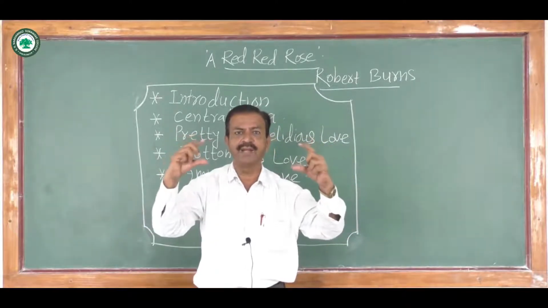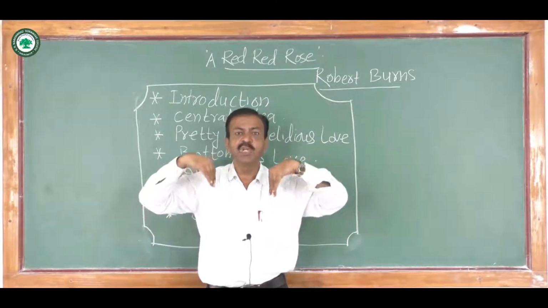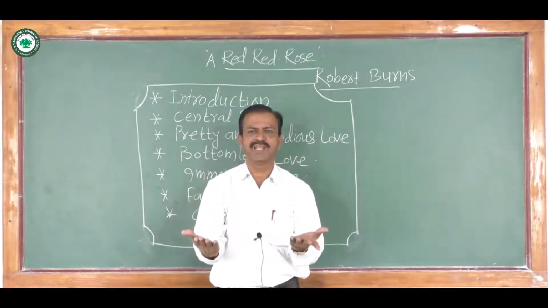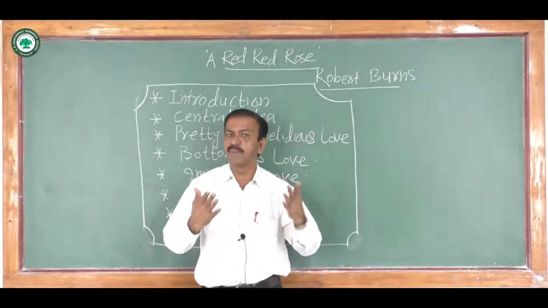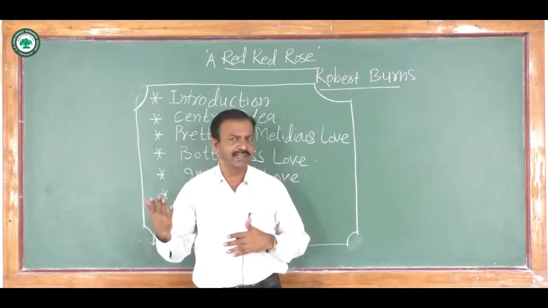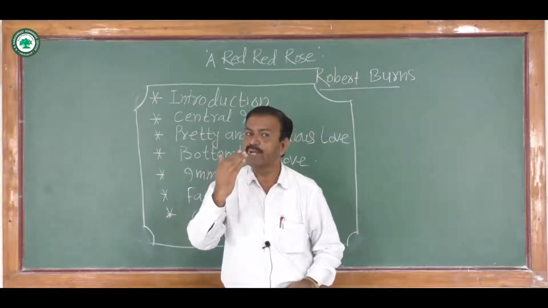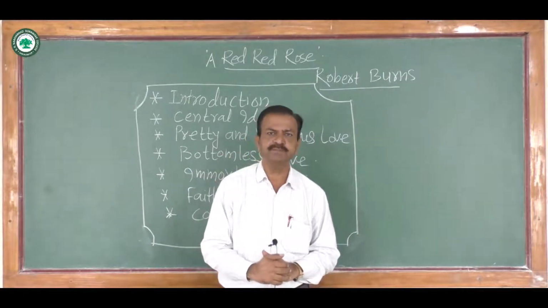But in the next two lines the comparison shifts, and the poet says, oh, my love is like the melody. The definite article is used, meaning what kind of melody?